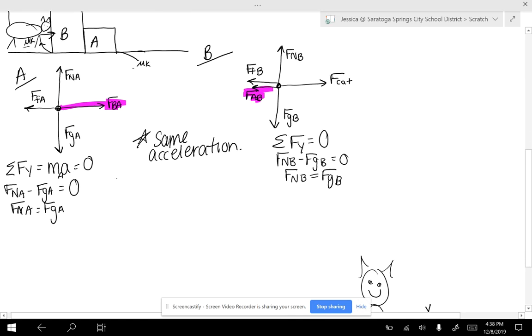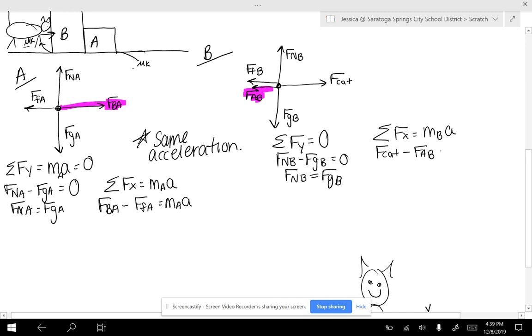And then we have our x direction equations. And in the x direction on block A, we have that force from B on A minus a force of friction for A, equals m_A a. And then for B, we have the force from the cat minus the force of A on B minus the force of friction on B, equals m_B a.